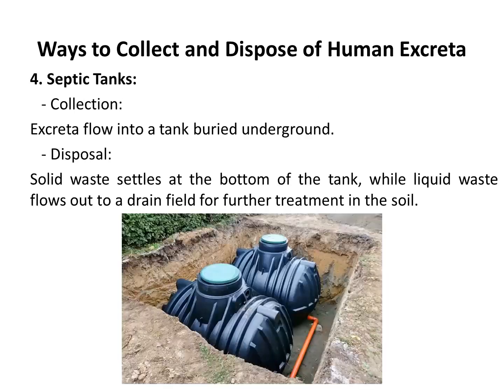And then for septic tanks, they are used for the collection of excreta and are buried in the ground. Disposal is done in that the solid waste that settles at the bottom of the tank is collected separately, while the liquid is drained into the field.